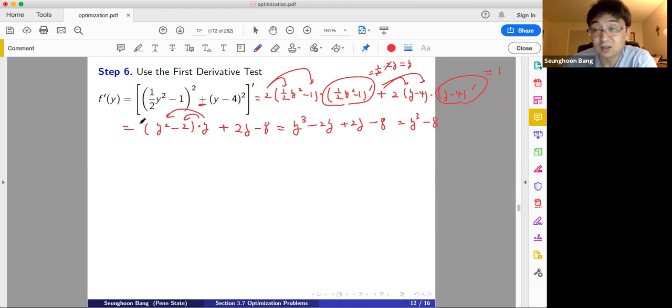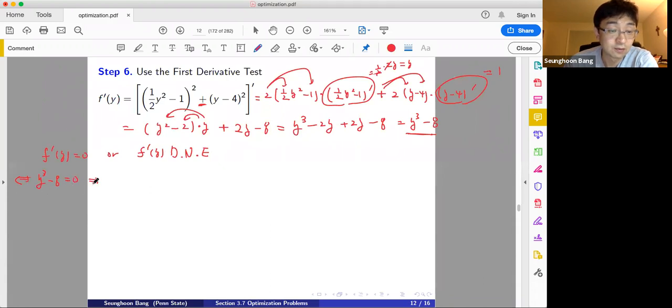So you can find the critical number. What's that? f prime of y equals 0 or f prime of y does not exist. So f prime of y equals 0 means y cubed minus 8 equals 0.